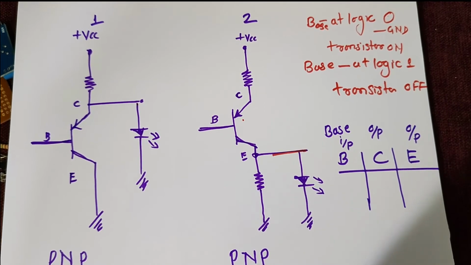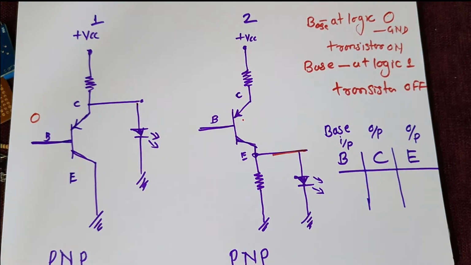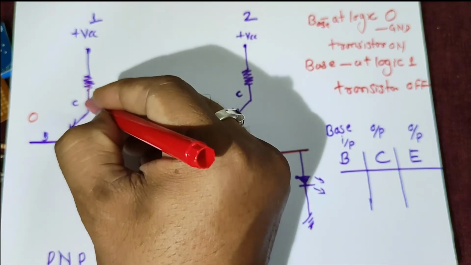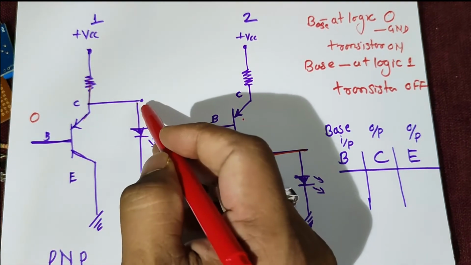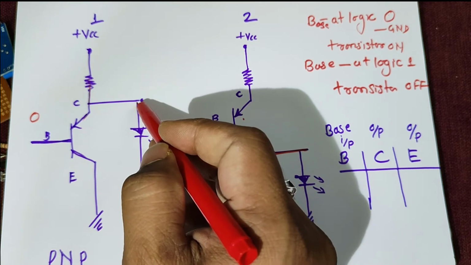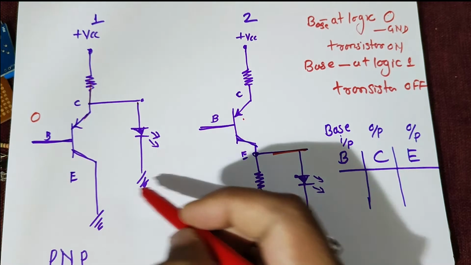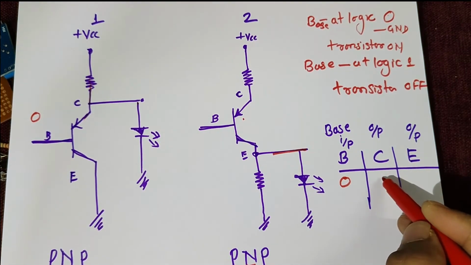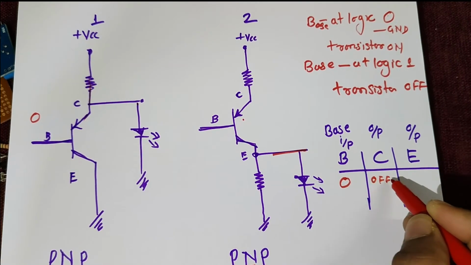Now let us see when the base logic is 0. When the base logic is 0, the transistor is on, so there will be a flow of charge from collector to emitter. Hence at the collector the current will be 0 because it is going to flow from collector to emitter. So when the base logic is 0, at the collector you won't get any output, so the output will be off.